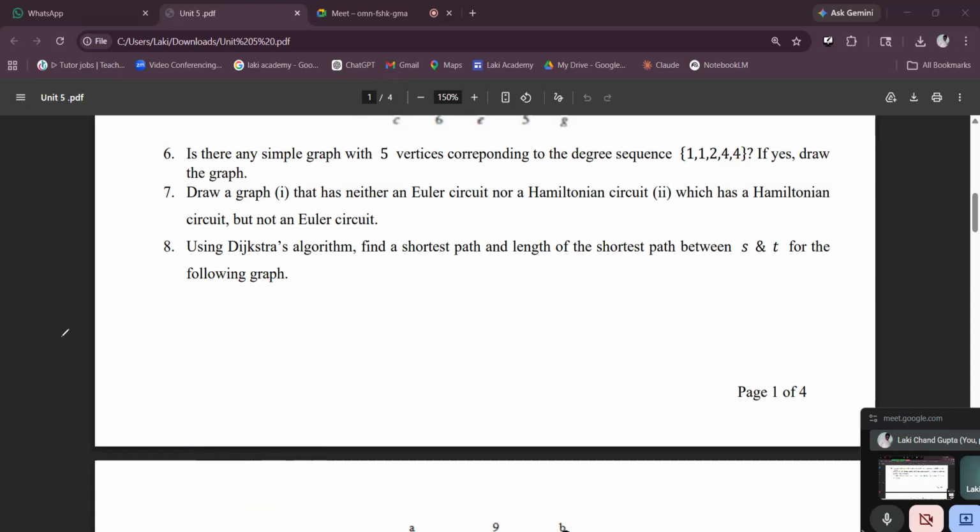See, I tell you how to write properly. The maximum degree of a vertex is 4, right? Two vertices have degree 4, 4, right?